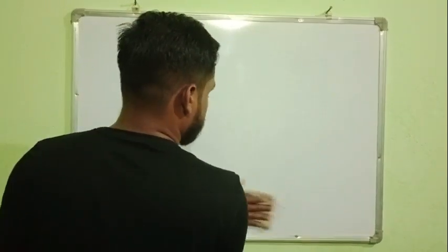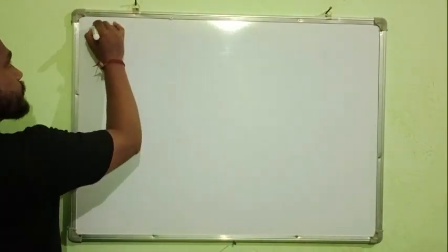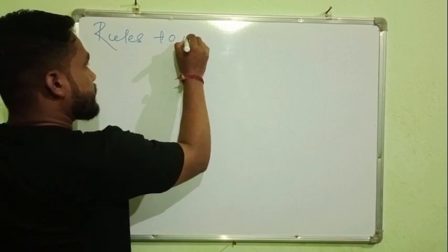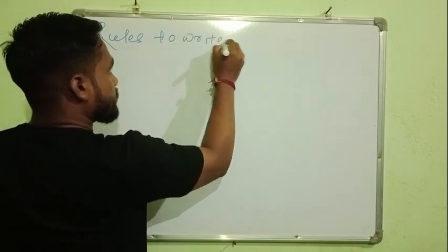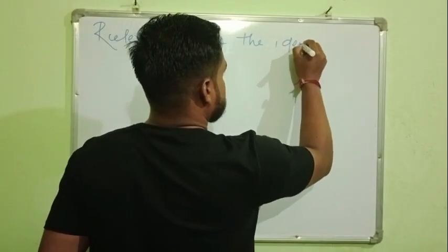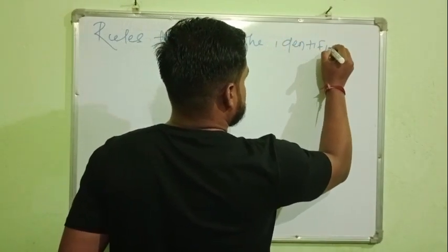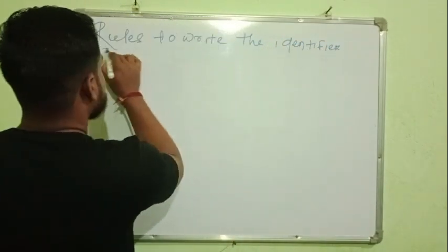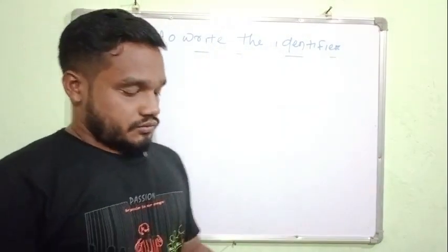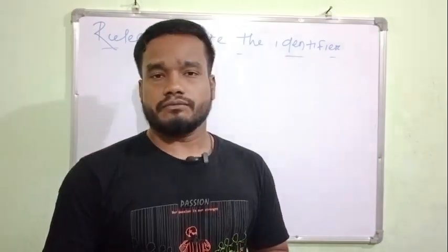So now I will write rules to write the identifier. So what kind of rule we are following when we are going to write the identifier we will learn now.